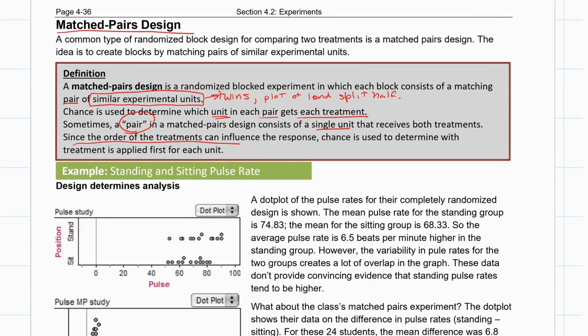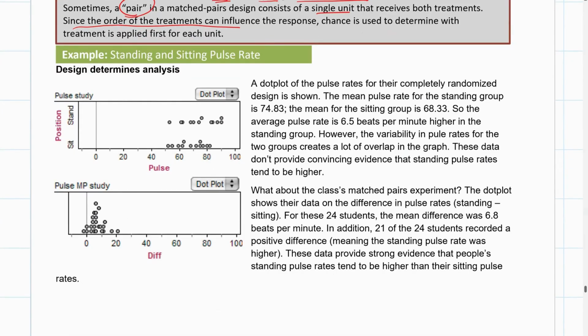So people can be their own matched pair, right? Now, one of the important things about a matched pair design is that we don't really care what happens with the acne medicine and the placebo. What we care about is the difference between the two.